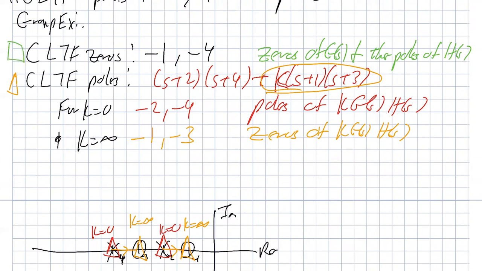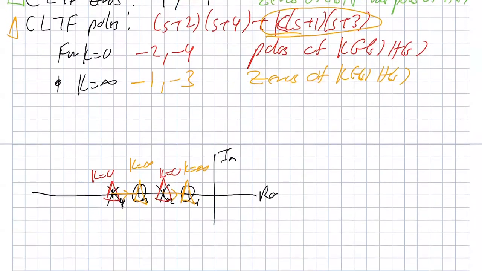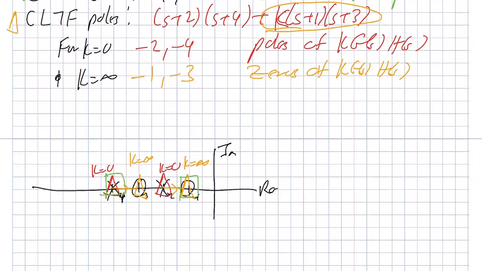We'll use a square, at -1 and -4. Hopefully you have all the wonderful colors so you can keep track of all that.